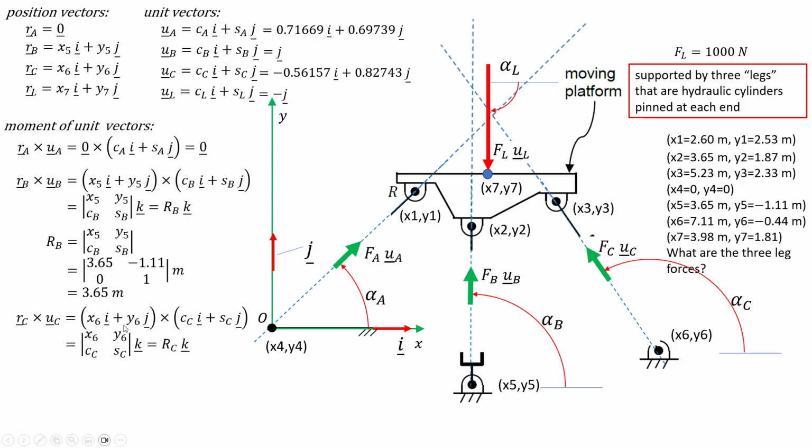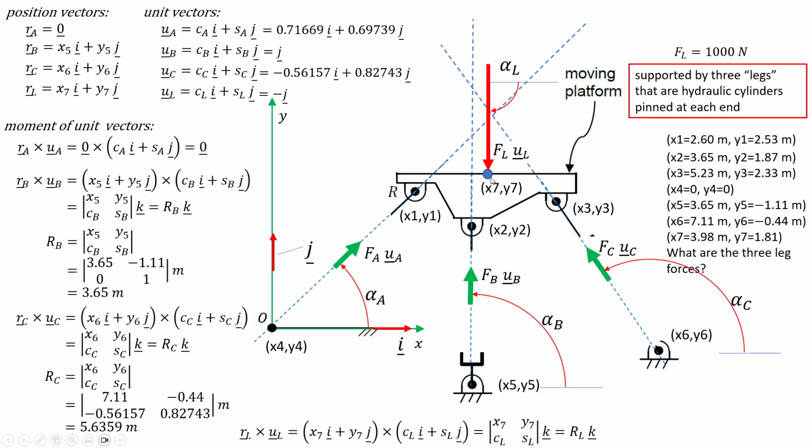Repeat for the C. For C, I'm going to use x6, y6 crossed into the unit vector of the C. I put in my values, x6, y6 there, and I put in my CC and SC. I get my value for RC, so I'm good there.